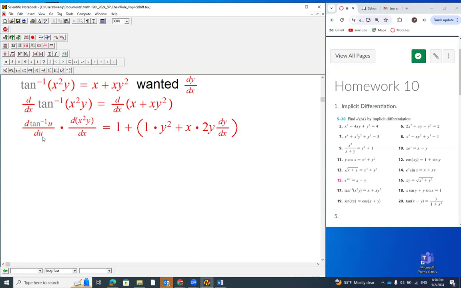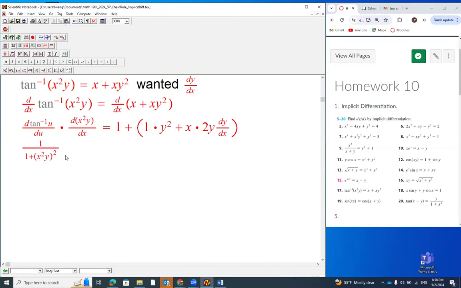And next step, we're going to finish up. You could combine these two steps together. So on this step, it's going to be 1 over 1 plus u squared, right? That's the derivative of arctangent u with respect to u. And by this time, you can replace u by its equal.